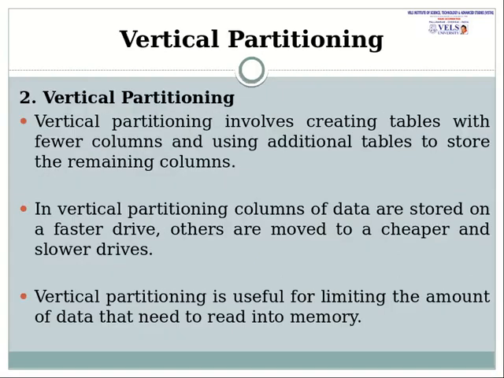Vertical partitioning involves creating a table with fewer columns and additional tables storing the remaining columns. For example, data stored on a faster drive is moved to cheaper and slower drives. Vertical partitioning is useful for limiting the amount of data that needs to be read into memory.